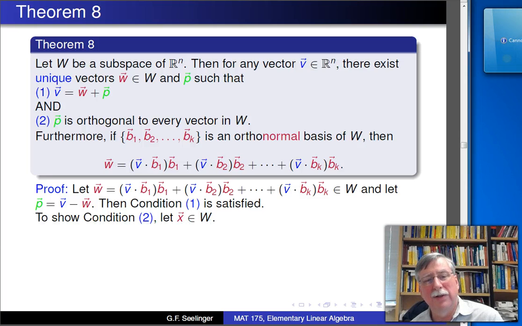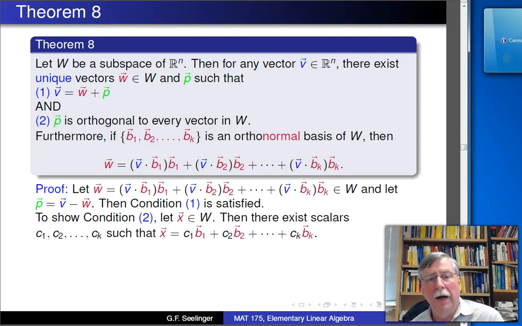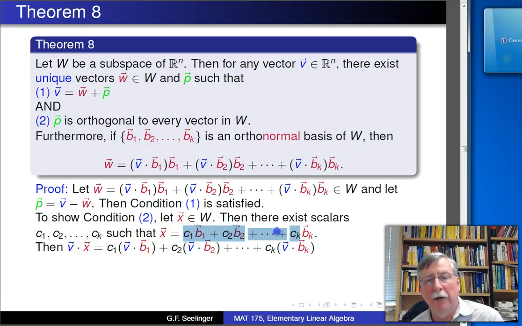To show condition 2, I want to show P is orthogonal to every x in W. So we take an arbitrary x. Then I know I can write x as a linear combination of my basis elements. And so V dot x is going to be V dot this expression.